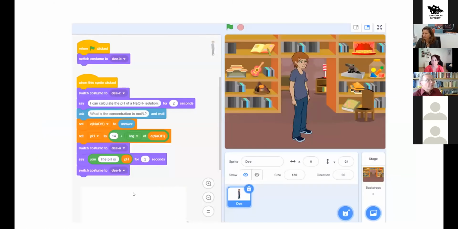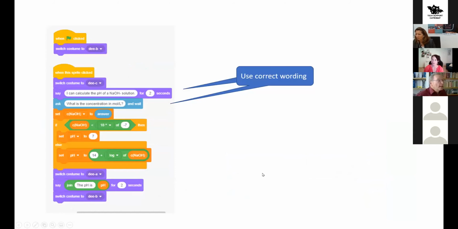This is a very simple program because it doesn't contain any control structures. It's just a linear program. When you click on the sprite, this happens and the dialogue starts. You can do it a little bit more complex using an if-else block, because the simple solution only works when the sodium hydroxide concentration is rather high.